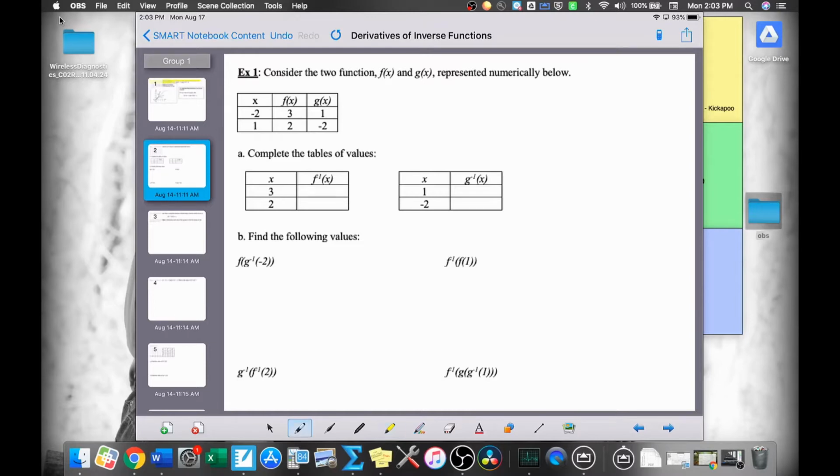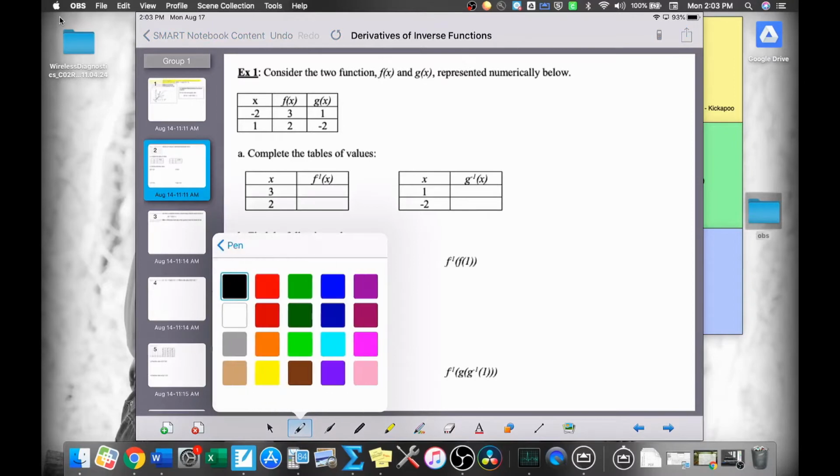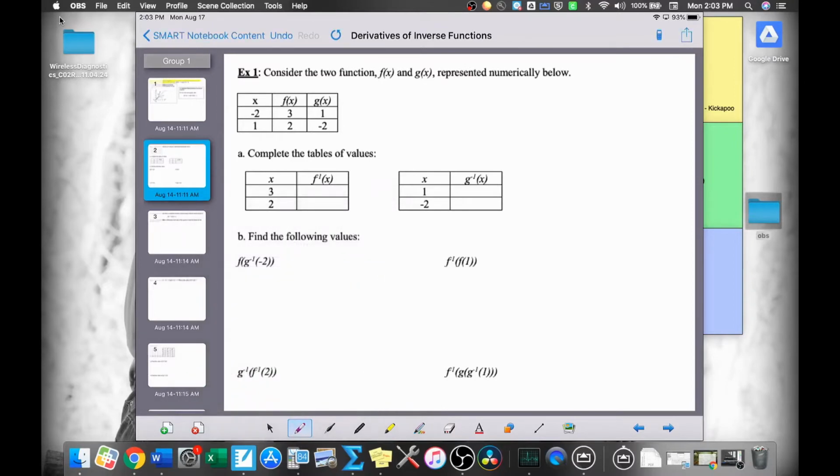So in the first table, we are given that x is 3, and we want to know what is f inverse of x. Again, we don't have f inverse in our table, but we do have f. So when x is -2, that gives us the value 3 for f of x.